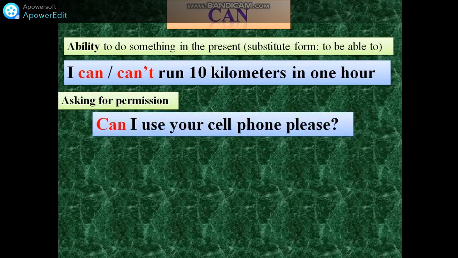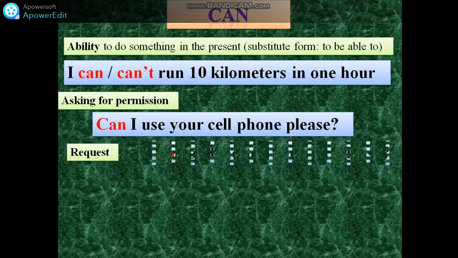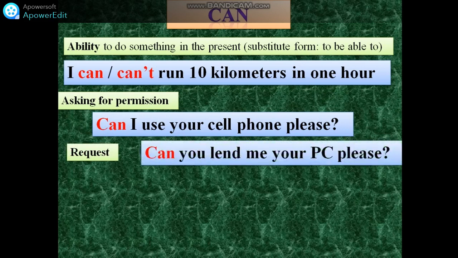For example, can I use your cell phone please? Here you're not expressing ability, but you are asking for permission. Can is also used for request. Example, can you lend me your PC please? Here you have a request, but in the first one, can I, it's expressing permission.